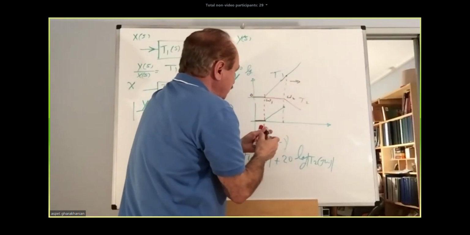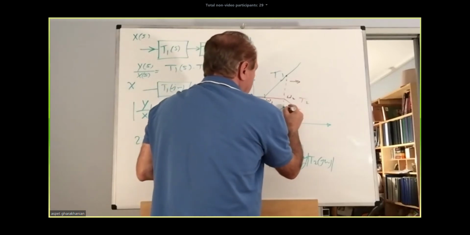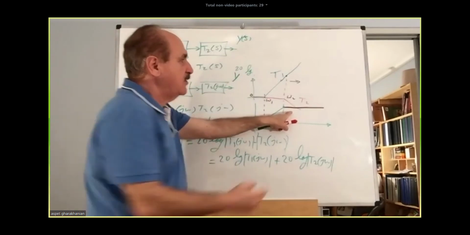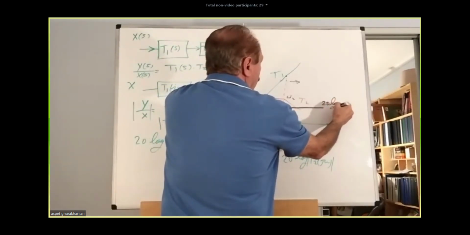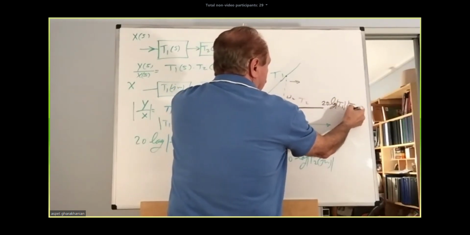Therefore, the line is going to stay in this region as a constant. So what you see in here will be regarded as 20 log of T1 multiplied by T2.